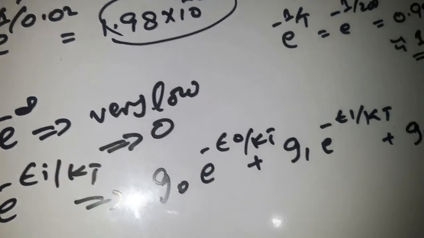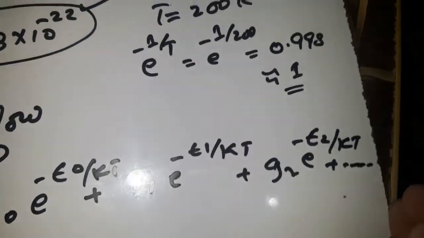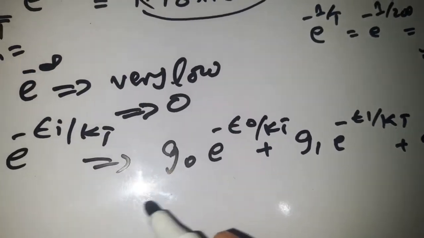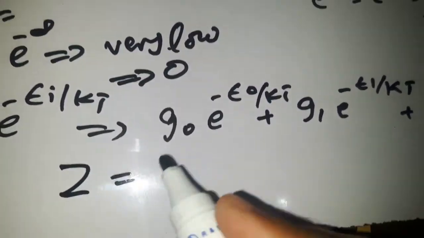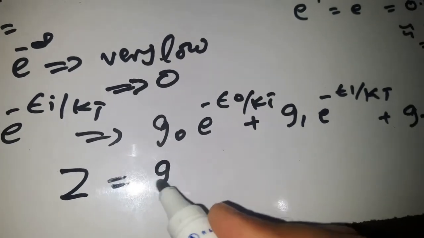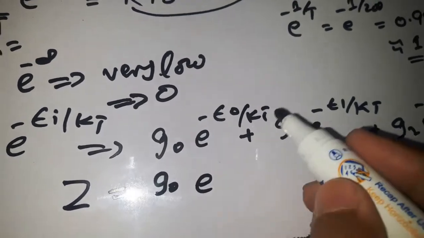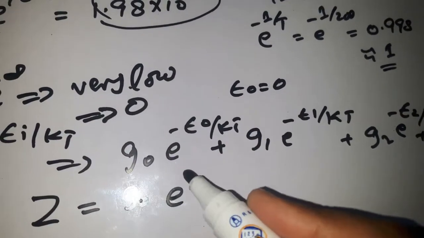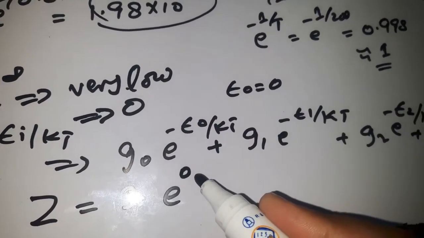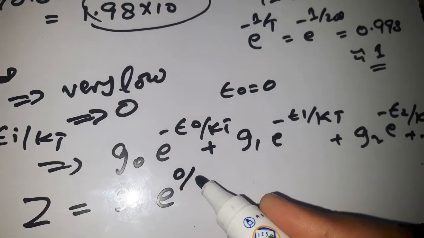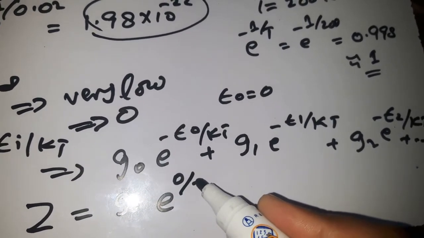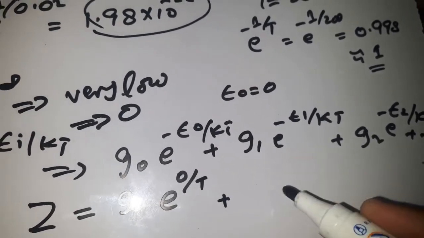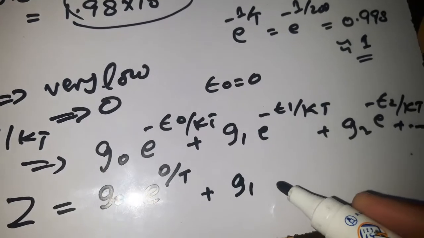Now just putting in the values, Z is equal to, for the ground state, g_0, and here we have to put the value for e_0. This is the ground state, so we put the value 0, and down is the temperature. The temperature has some number, and the other is a constant, and plus here we write 1, and e raised to minus e_1.